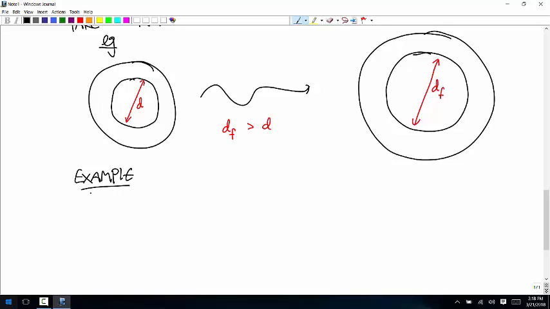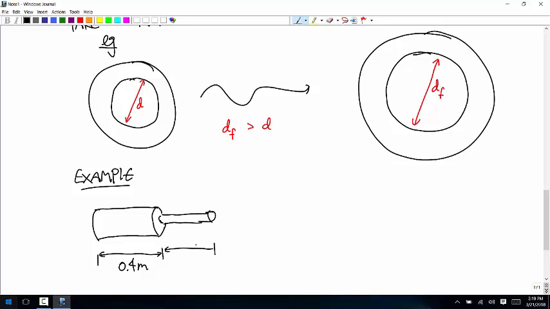Okay, so let's say that we have a shape like this, where this length is 0.4 meters. This length is 0.3.